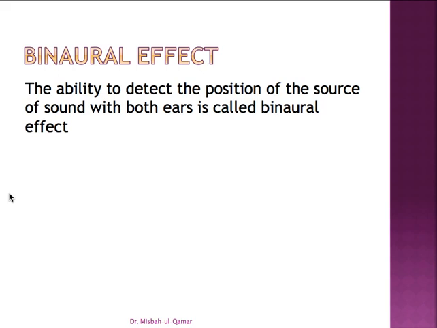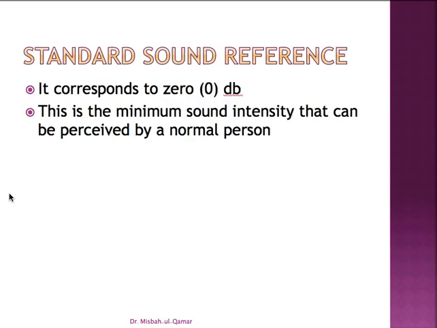And one more thing, which could be your Viva question, is the standard sound reference. It means the faintest audible sound, and it corresponds to 0 decibel at a certain pressure.